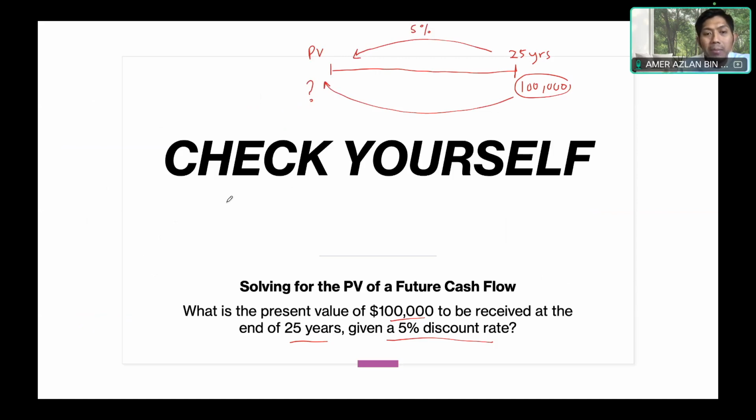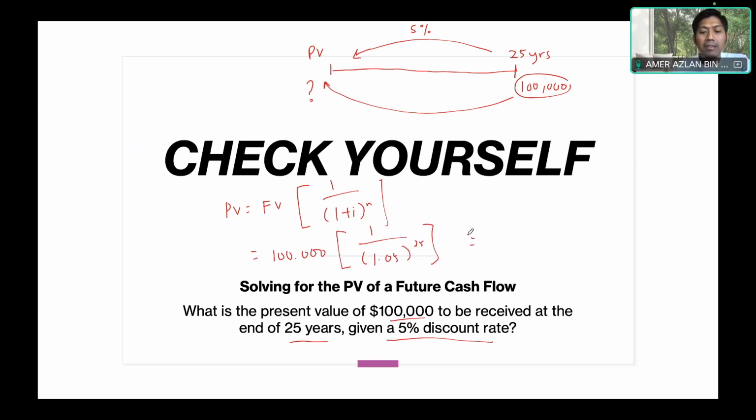So applying the same formula, present value equals future value times 1 over (1 plus i) to the power of n. Now we know the future value is 100,000. 1 plus i is 1.05. N is 25 years.